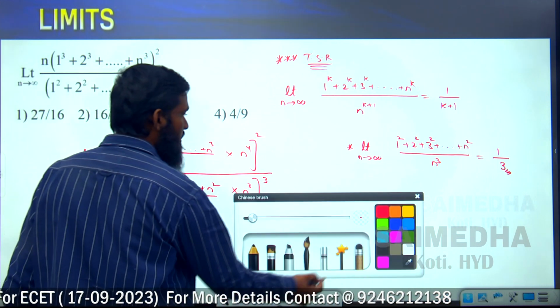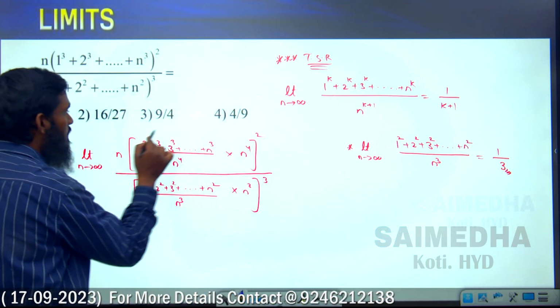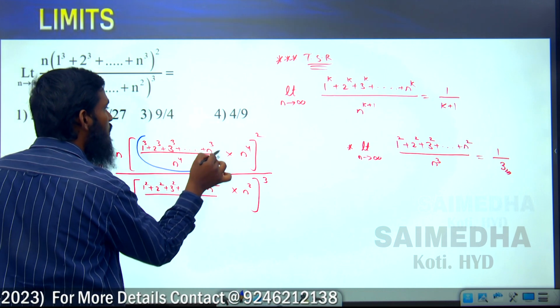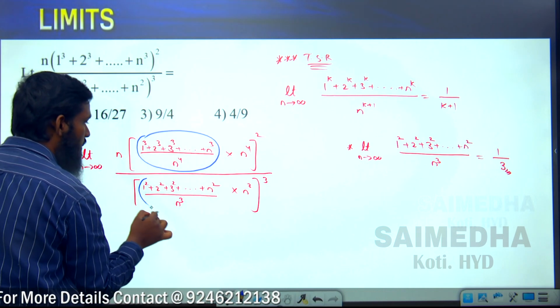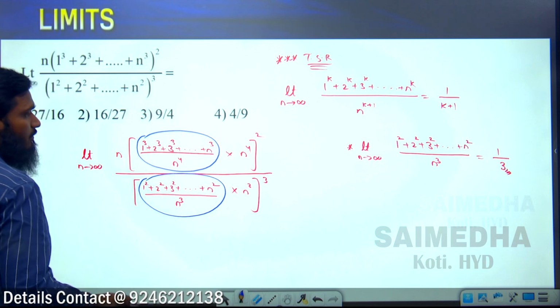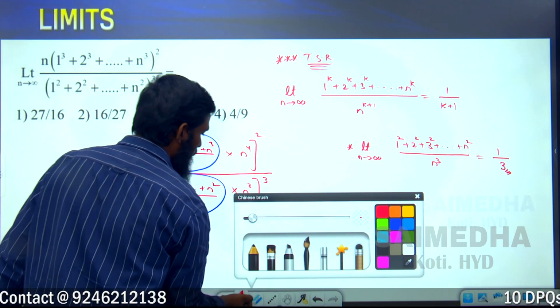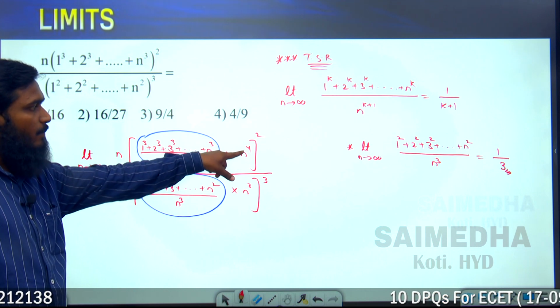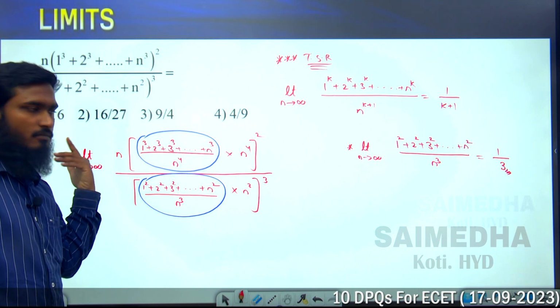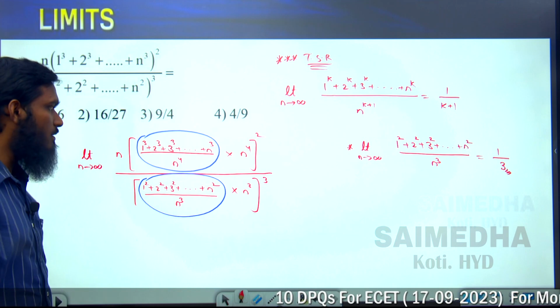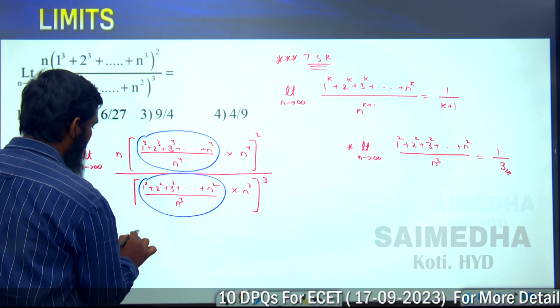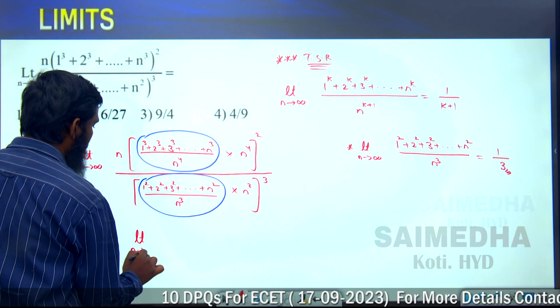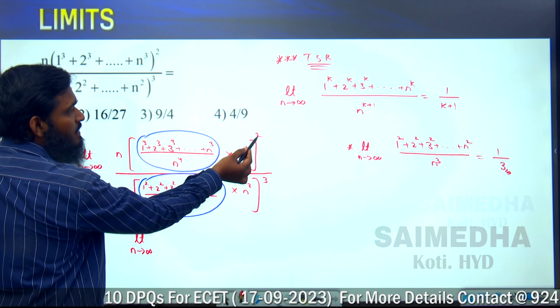Now we want only this part, according to our formula. So we take this n power 4 outside and keep this part separate. Listen carefully. Limit n tends to infinity. We have the square for this part.